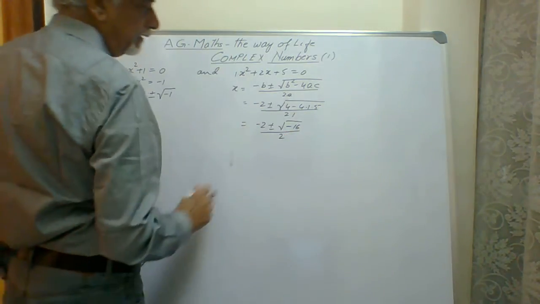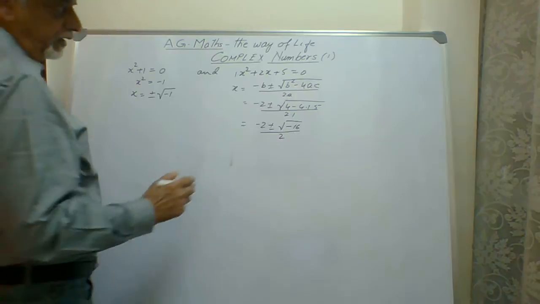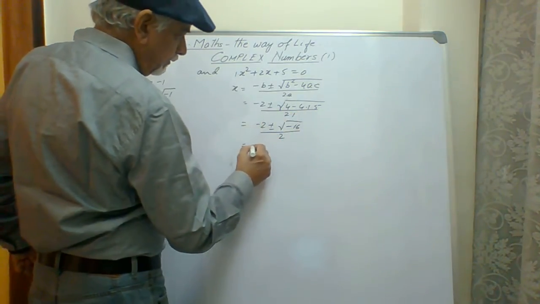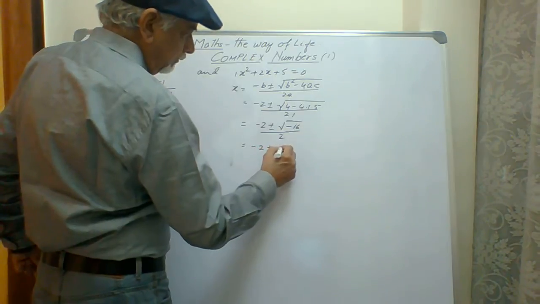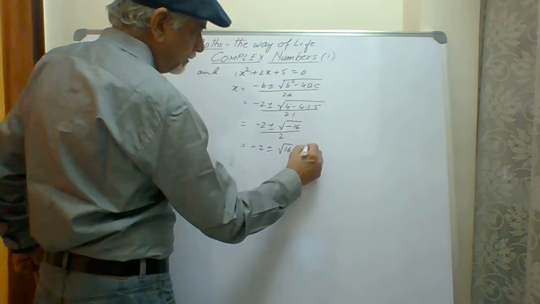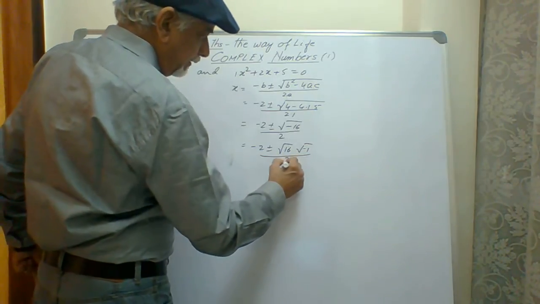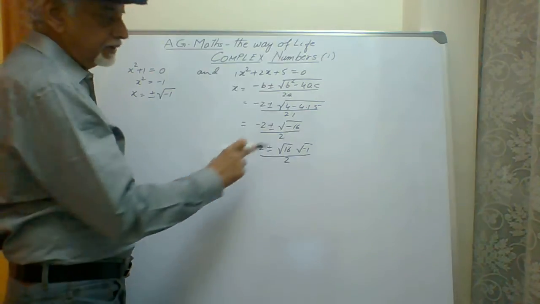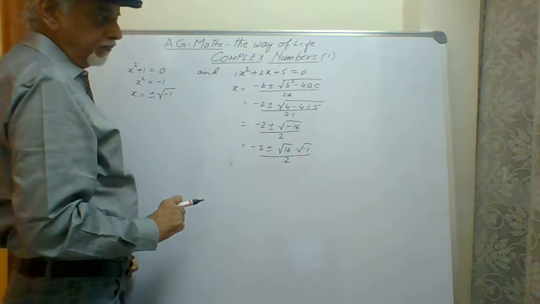And this minus 16 can be written as root over 16 and minus 1. I can write like this. This root is the power of 16 and this is also power of minus 1.